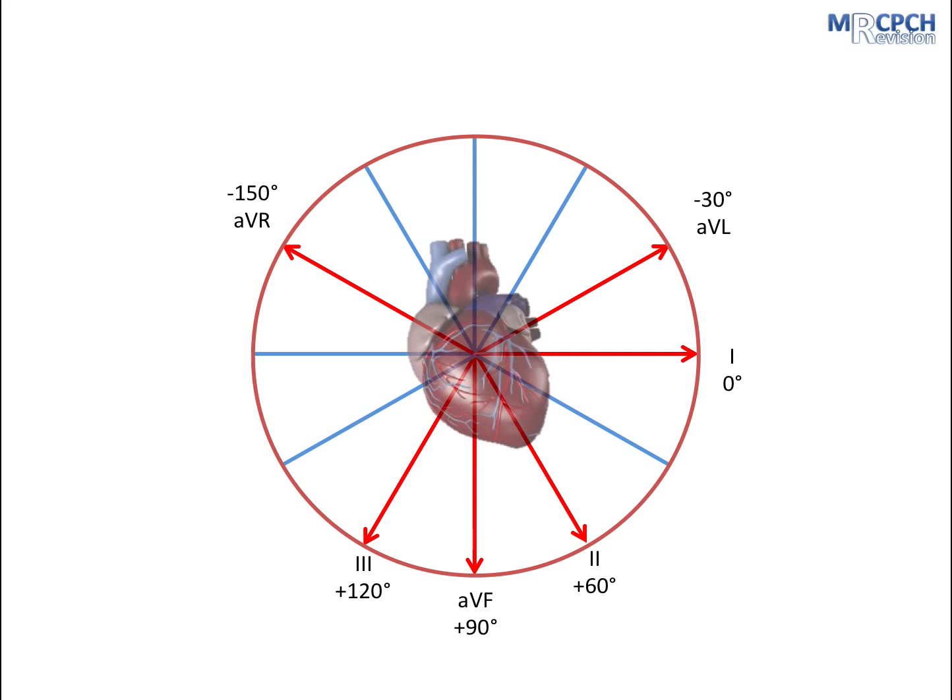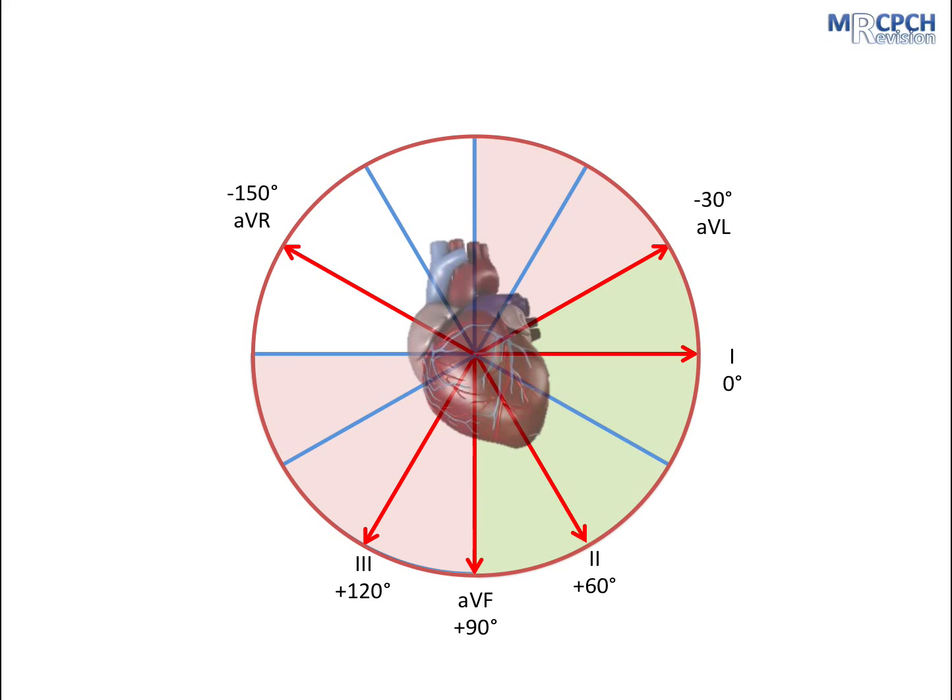Of course, in a real heart, there's a range of normal values, and the normal range of the axis depends on your age. But for simplicity, let's have a look at adult values for now. So the normal axis in an adult will be anywhere between minus 30 and plus 90 degrees. Values between minus 30 and minus 90 will be left axis deviation.